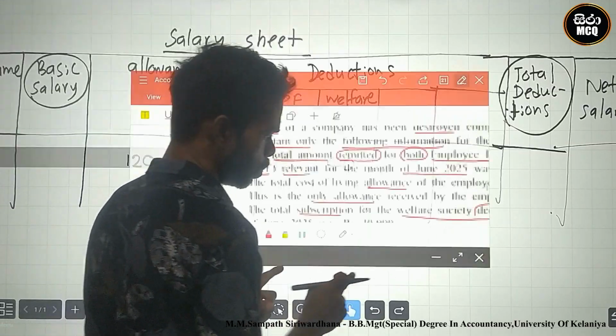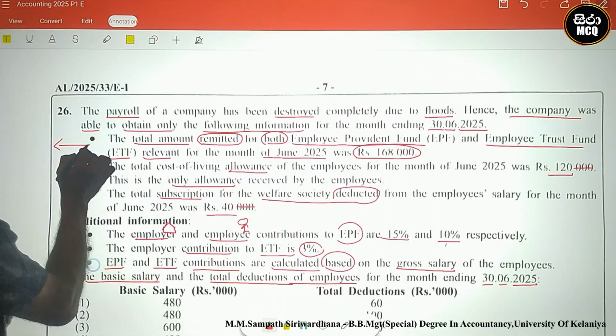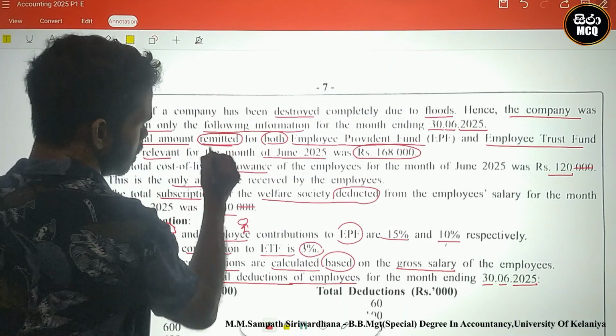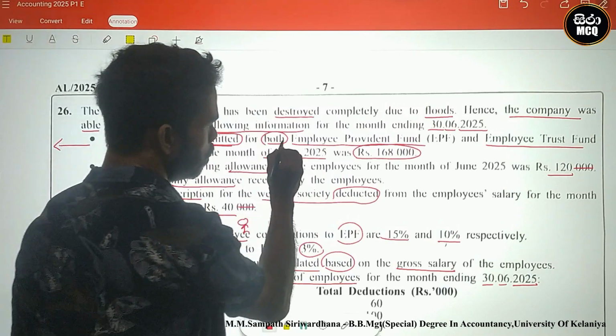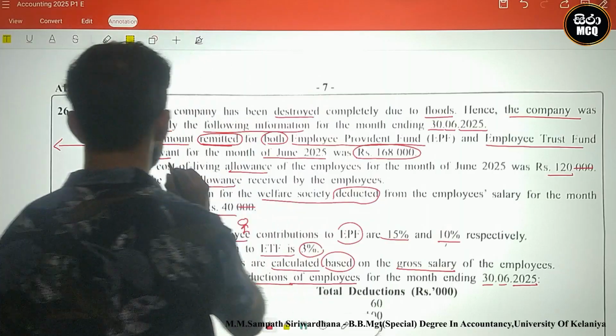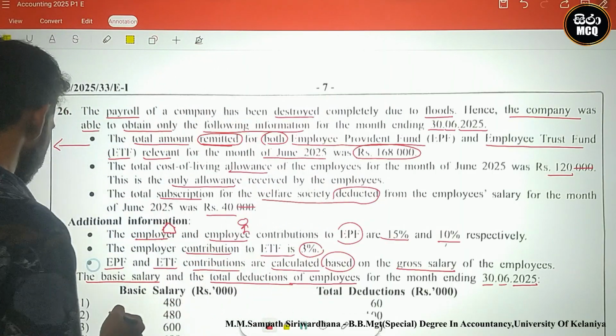Look here, only one value is there. This is allocated: total amount remitted, paid, both employee provident fund and employee trust fund relevant for the month of June, 168.